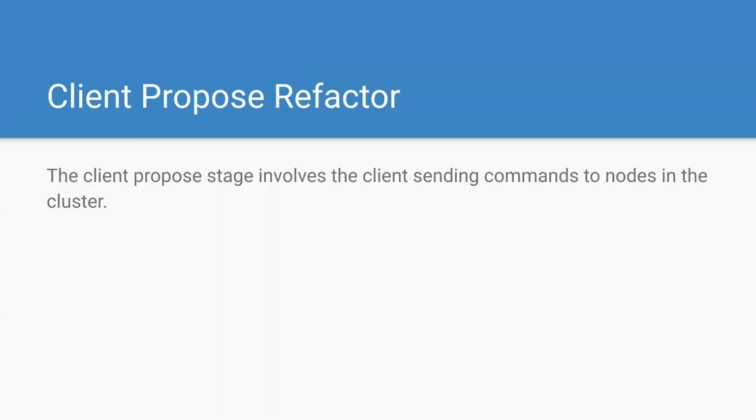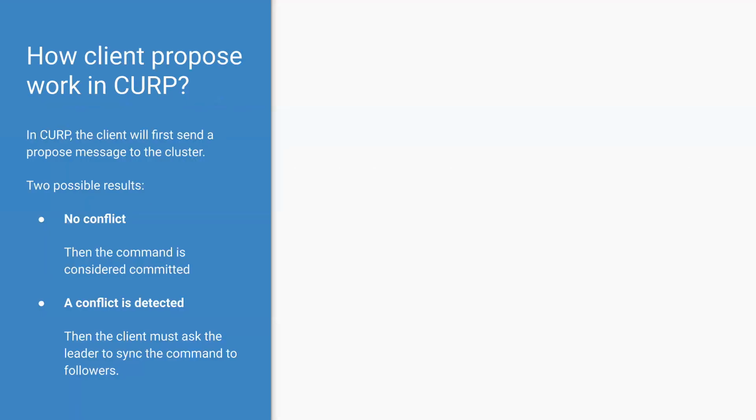So the next part is the client propose refactor. The client propose stage involves the client sending the commands to the cluster. I will explain some details about how the client propose works in the Curp protocol. In Curp, the client will first send a propose message to the cluster, and there will be two possible results.